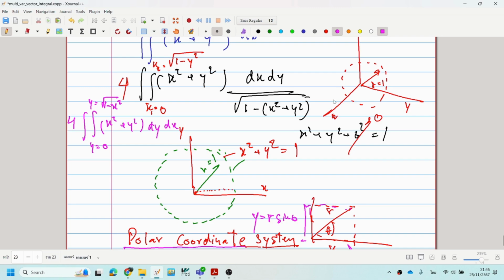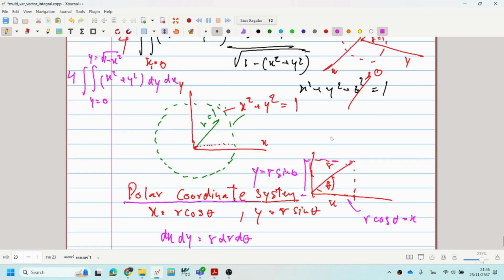In this case, whether dx is inside or dy is inside does not change anything. It's very hard to solve. Same thing with dx outside and dy inside, it does not change, it's too hard to solve.